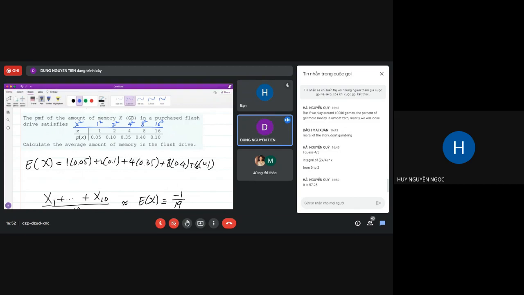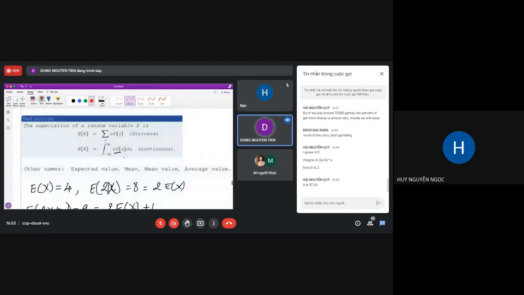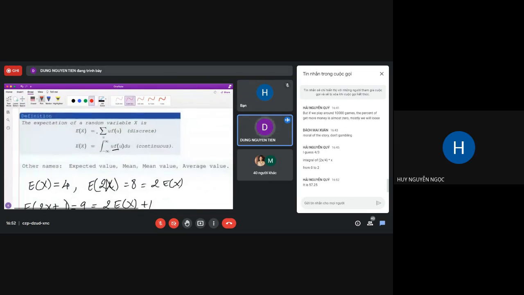The mean value of x squared is 1 squared times this, because the probability mass function isn't changed, then 2 squared, 4 squared, 8 squared, 16 squared. So if you have x squared here, then you simply want to find the sum of u squared f of u.